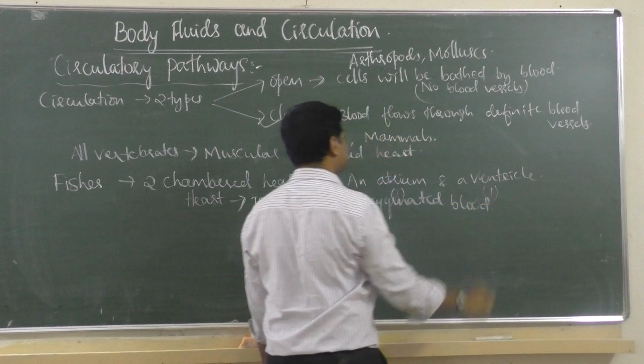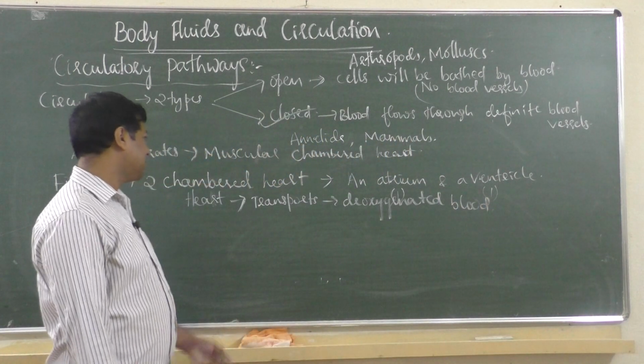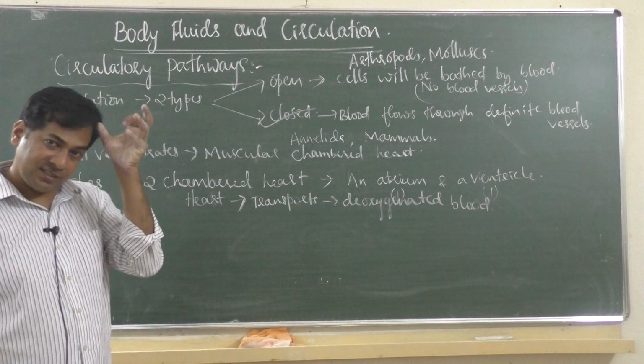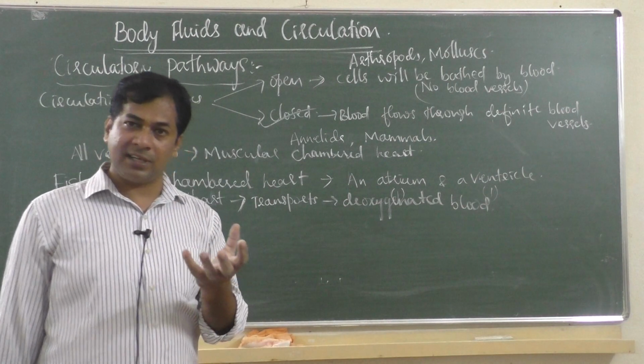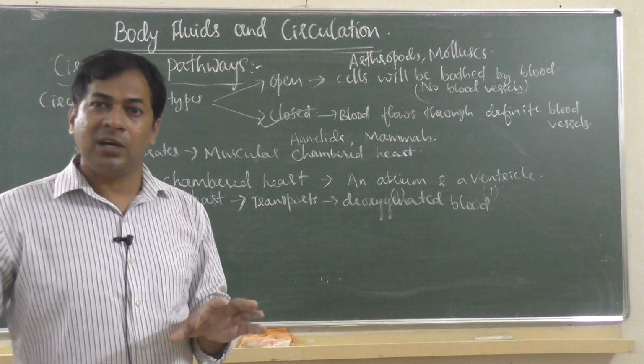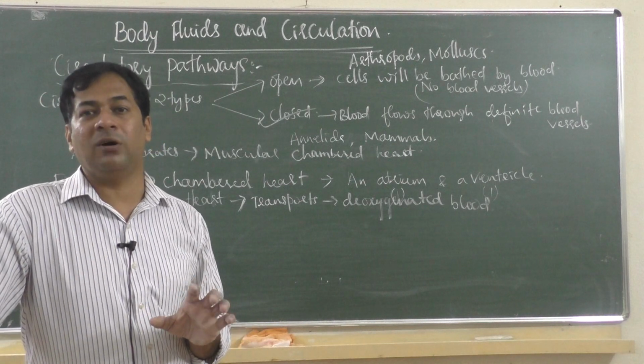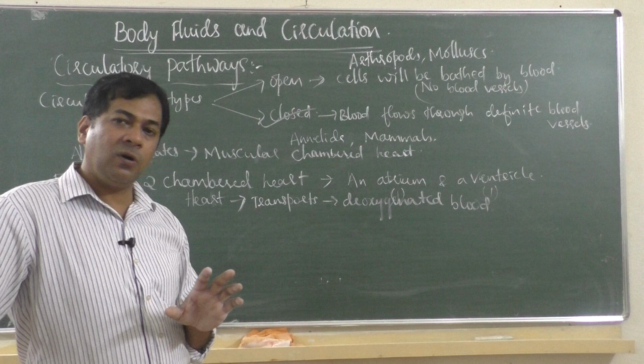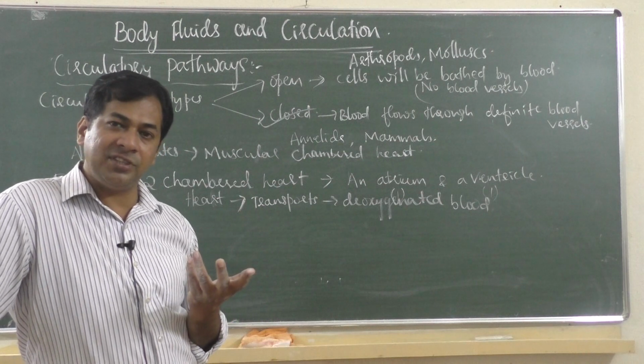It is a very special type of circulation. In fishes, the heart will pump only carbon dioxide mixed blood, deoxygenated blood. Then how will the fish get oxygenated blood?